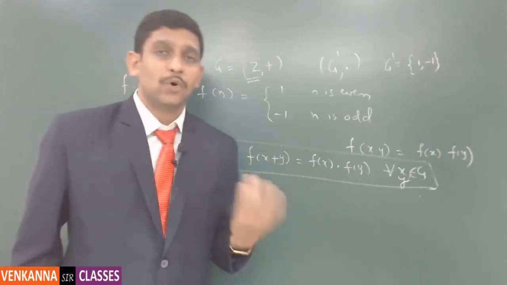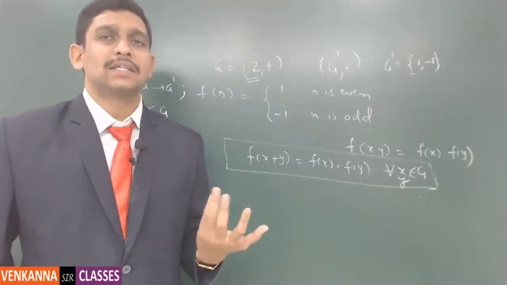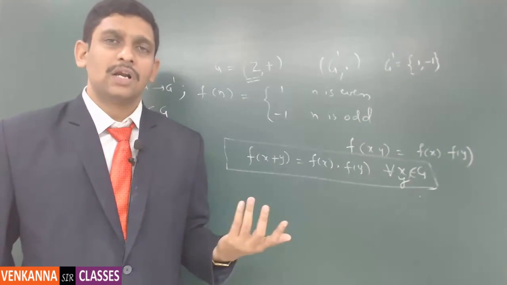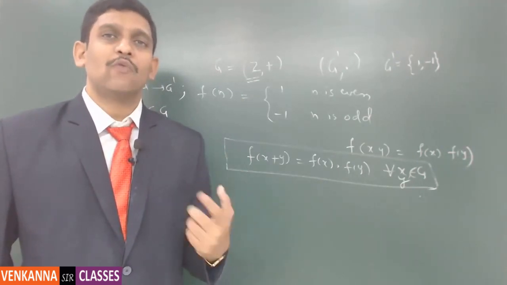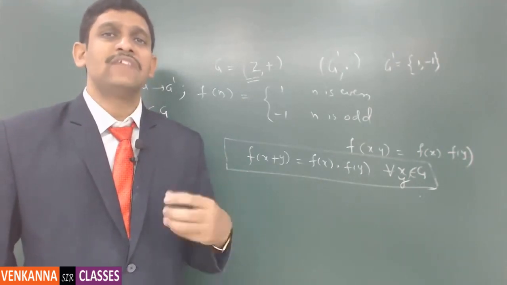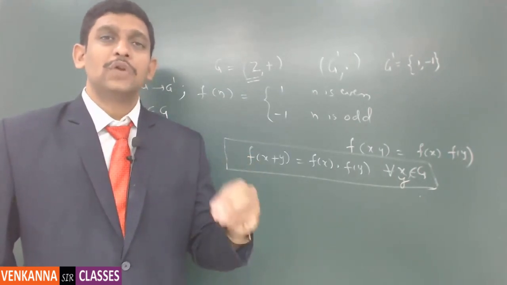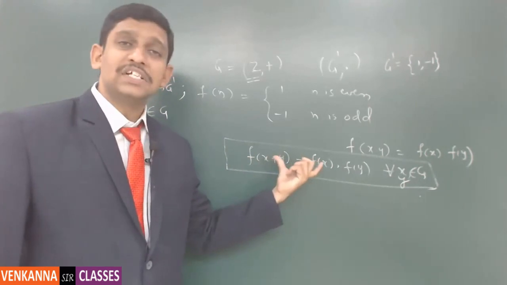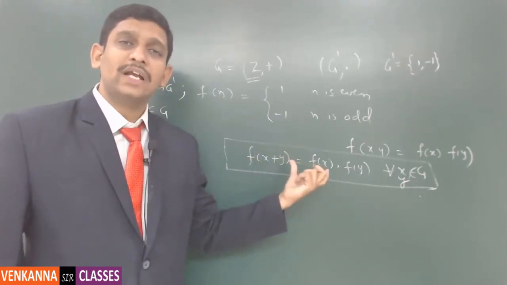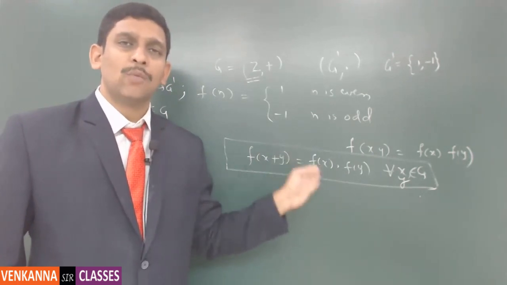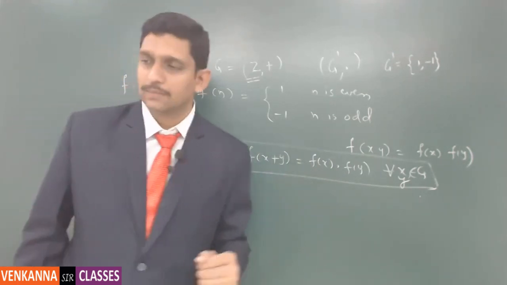You can take both x and y as even numbers or odd numbers, or one value is even and one value is odd. In any way you can choose them. Whichever way you consider, you have to prove that this condition gets satisfied by the function f, so that it will become the homomorphism between the two groups.